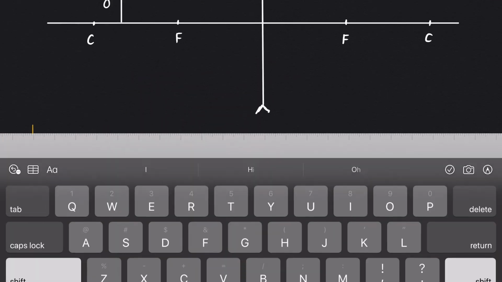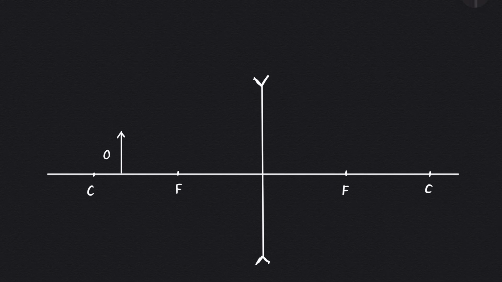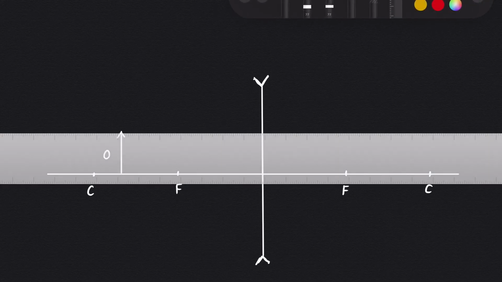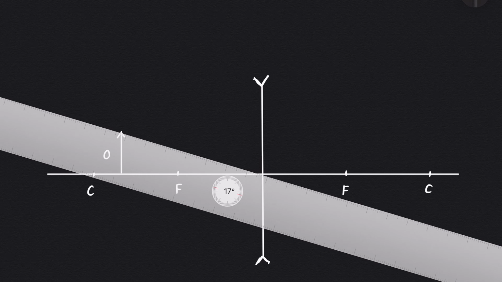So again the rule stays the same. This time the rules are a little bit different on how to draw the lines. The first line, always draw it through the center of the lens.